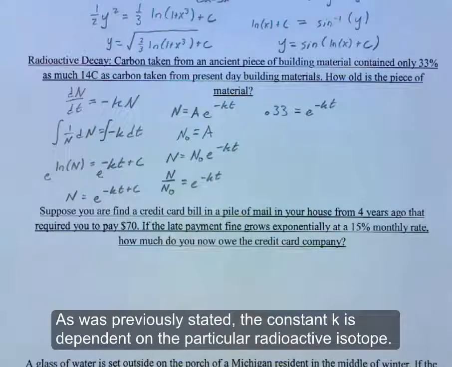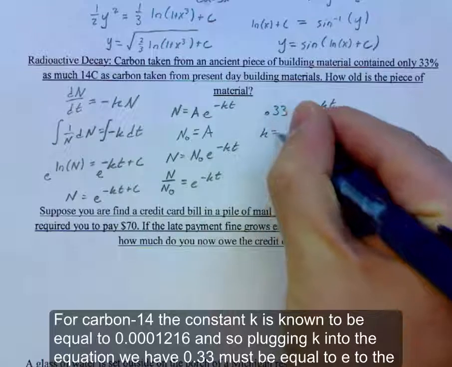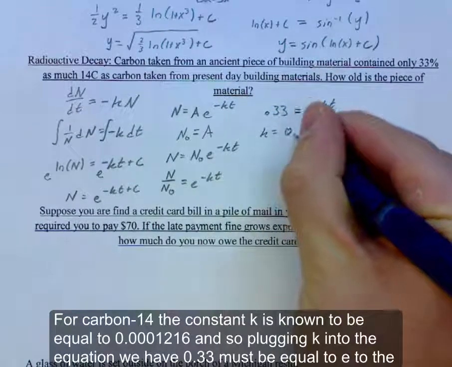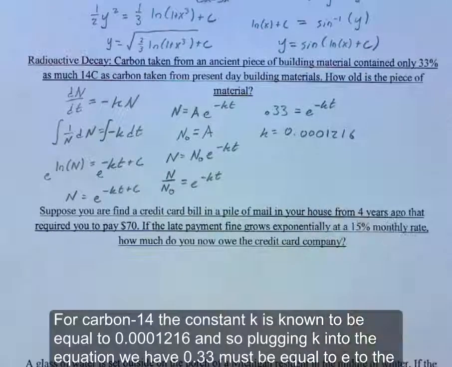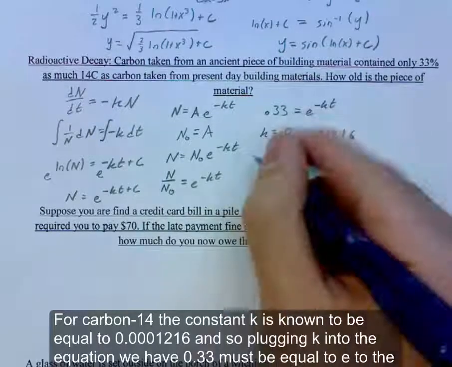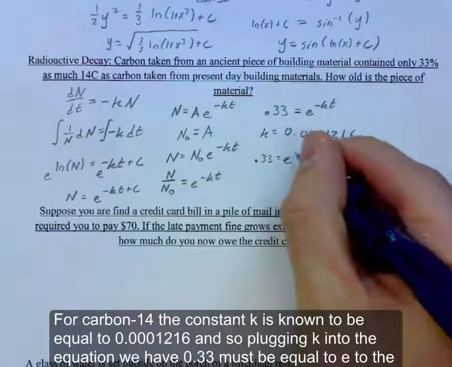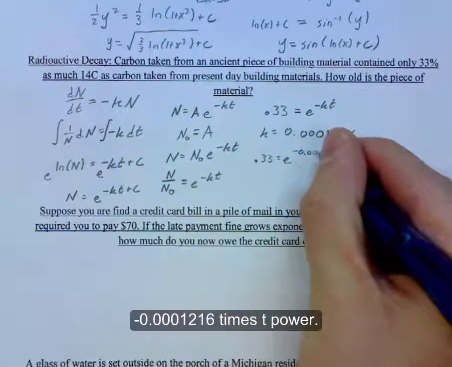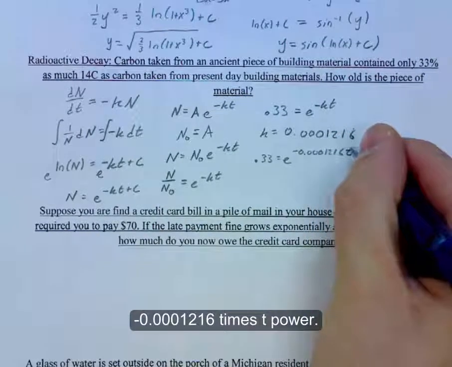As was previously stated, the constant K is dependent on the particular radioactive isotope. For carbon-14, the constant K is known to be equal to 0.0001216. Plugging K into the equation, we have 0.33 must be equal to e to the negative 0.0001216 times t power.